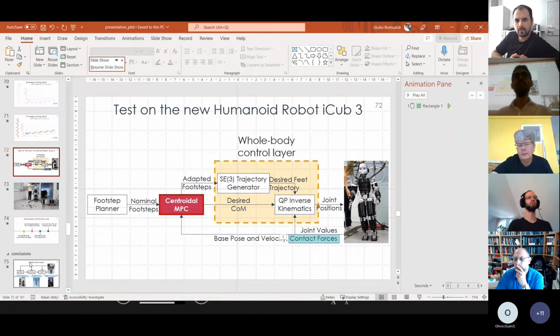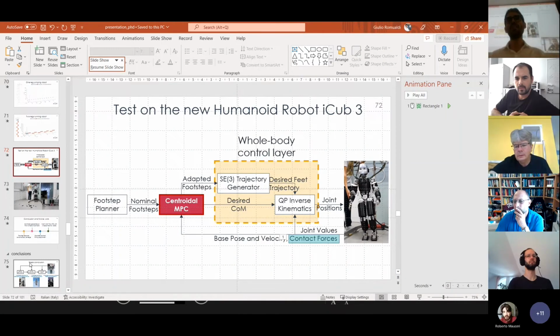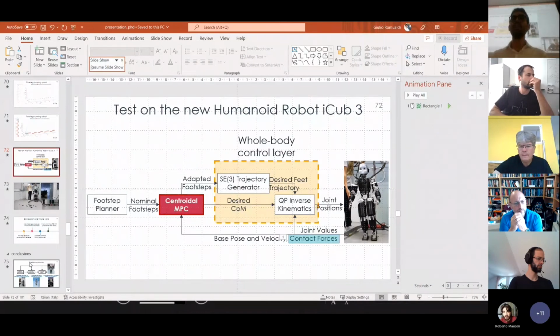Because our MPC doesn't automatically generate the position of the footsteps. So in order to have it online, at least in this kind of structure, we start from a high-level footstep planner that, for instance, can also use vision to sample the footstep positions given the environment, and then the MPC tries to run online and adjust them.